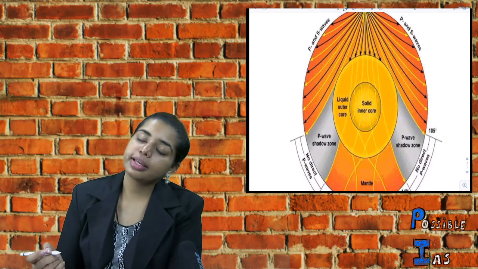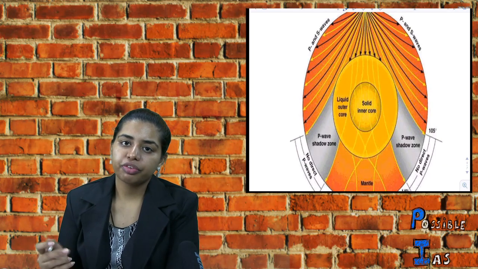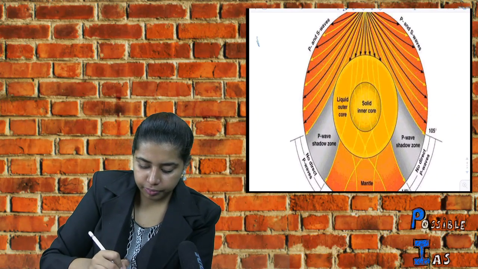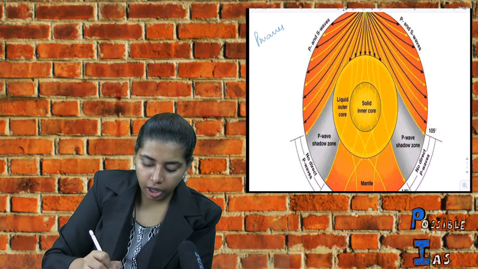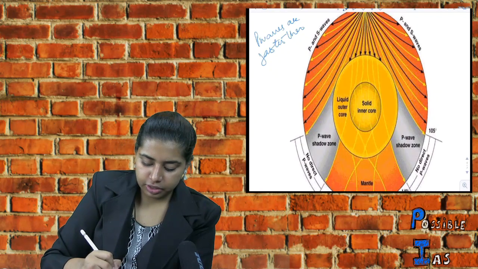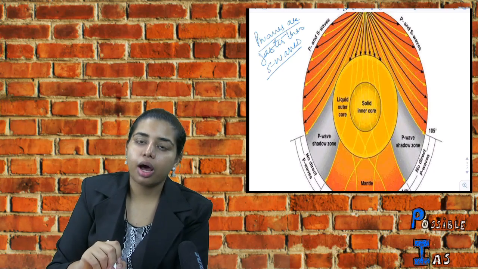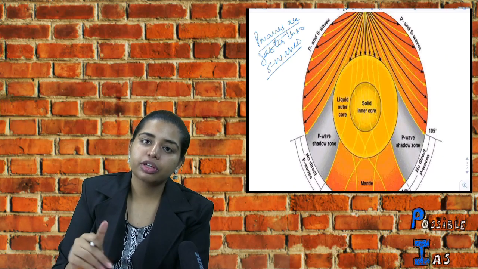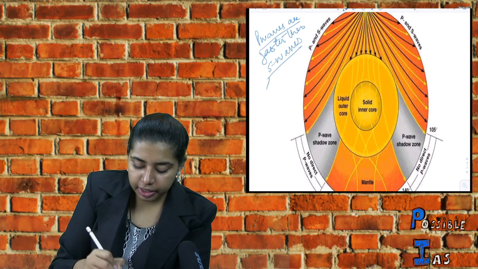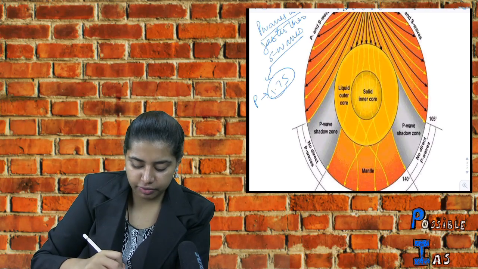So now we have already established that the P waves and the S waves travel through different mediums. Also, P waves are faster. In fact, it is said that if P waves and S waves are traveling through the same medium, then the speed of P waves is 1.7 times the speed of S waves.